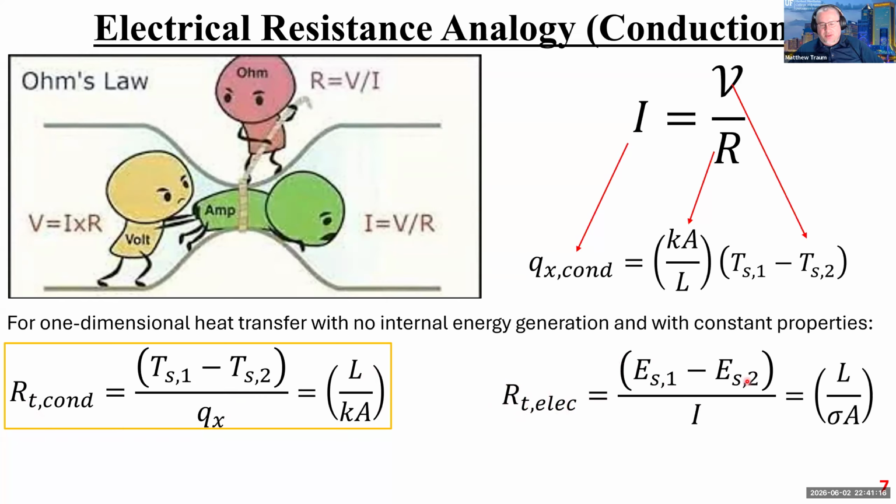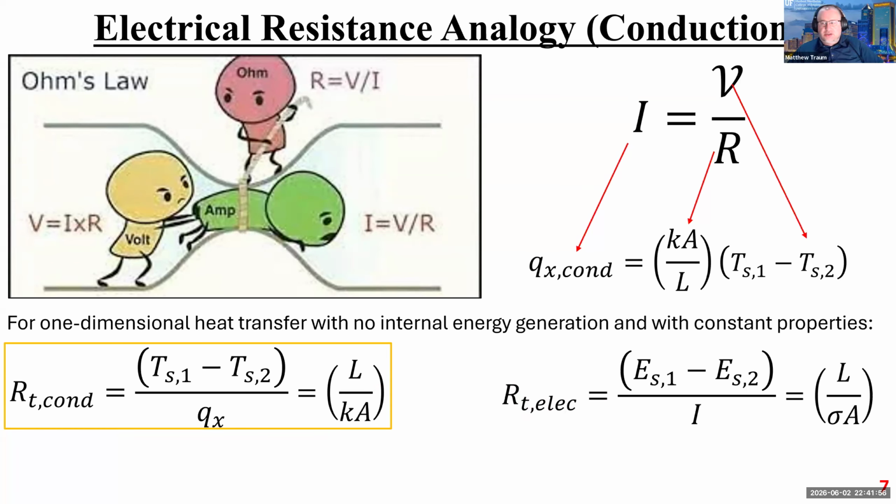So this term is just two voltage potential differences, so you subtract them, you get V divided by current, and that is equal to the length of whatever it is that you're conducting current through, divided by its electrical conductivity and its area, right? So this term and this term are perfectly analogous to each other, the same way that the resistance term for thermal conduction and the resistance term for electrical conduction, or electrical resistance, are analogous.